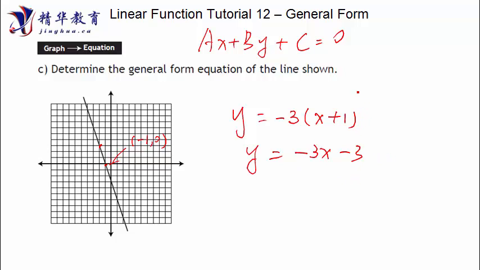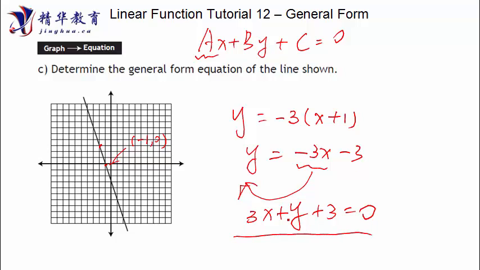And also we need to be careful, the a value must be positive. So we need to make sure the coefficient of x must be positive. So we need to move these terms to the other side, which gives 3x. And y is already on the left-hand side. And then we move the 3 to the other side as well. We got this: 3x plus y plus 3 equals 0.